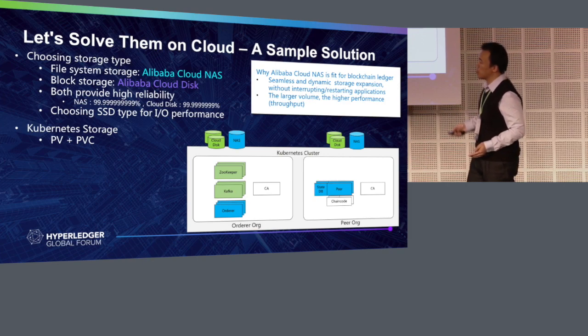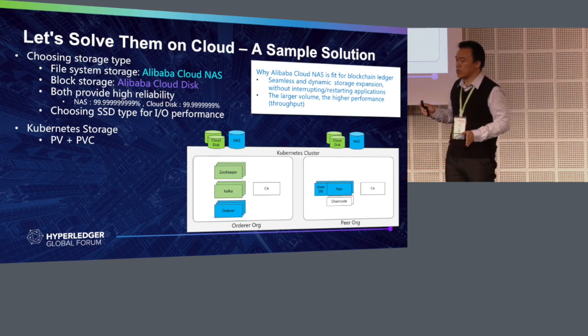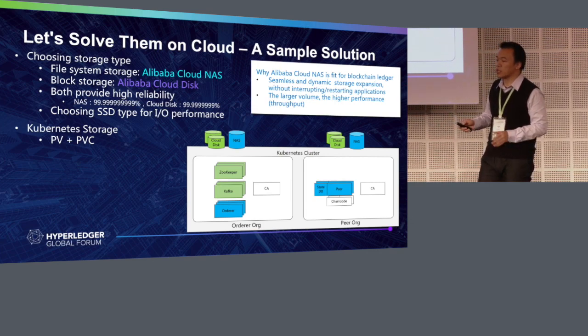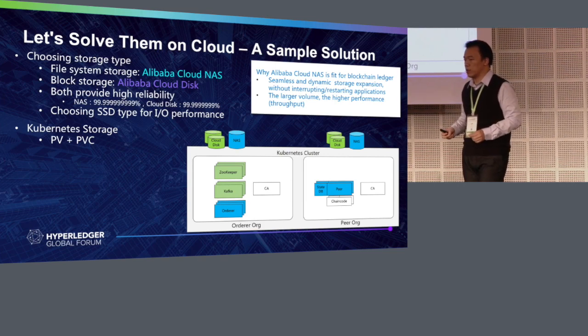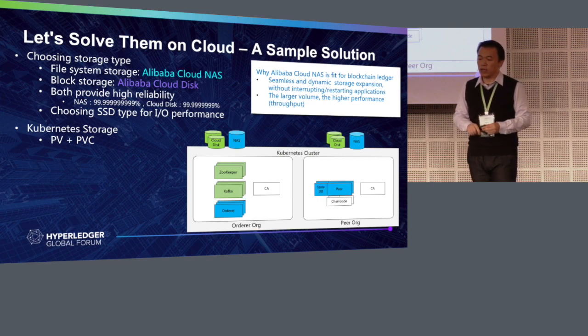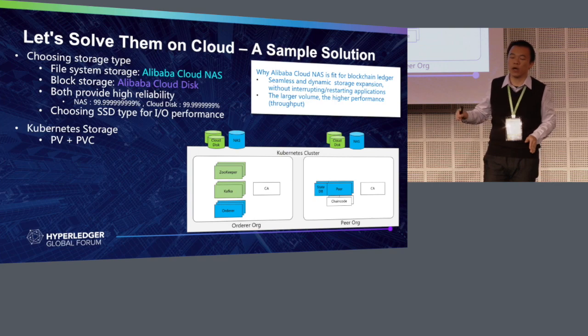I want to explain a little bit: we found Alibaba Cloud NAS is quite a good fit for the blockchain ledger for two reasons. The first one is it supports seamless and dynamic storage expansion when your size reaches the bar. During this process, you don't have to restart or interrupt your Fabric nodes or your applications.